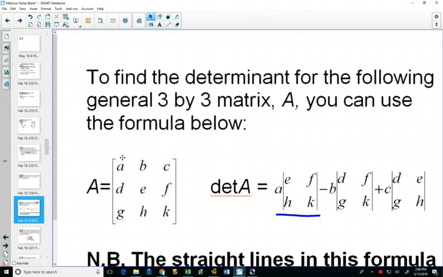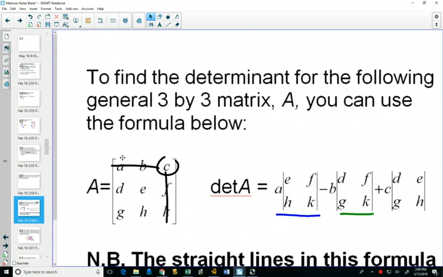Then you take B, forget everything in that row and column, and do the determinant of what's left. And finally, you take C, forget everything in this row and that column, and do the determinant of what's left. And you find the determinant of your 3x3.